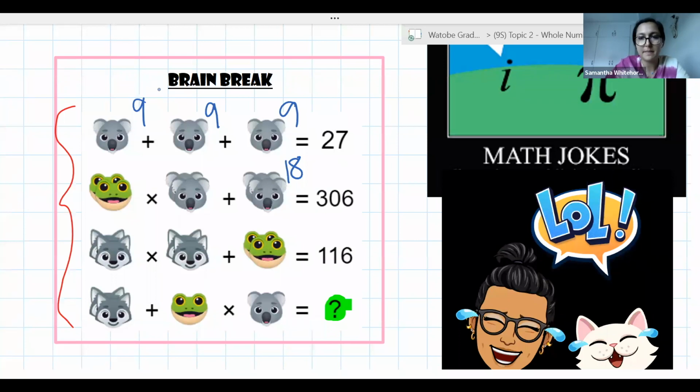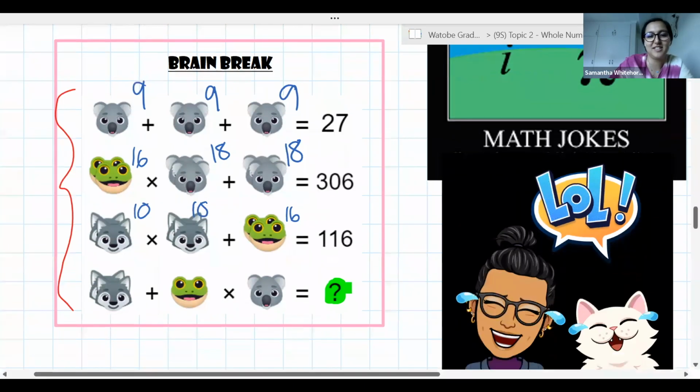Yes, ma'am, which gave me 288. And then I divided it by 18. Excellent. The answer I got was 16. And then for the fox, I said 116 minus 16, which gave me 100, and I divided 100 by 2, which means 2 foxes are equal to 10.